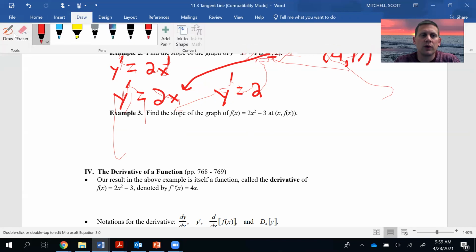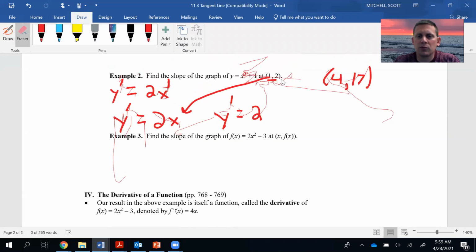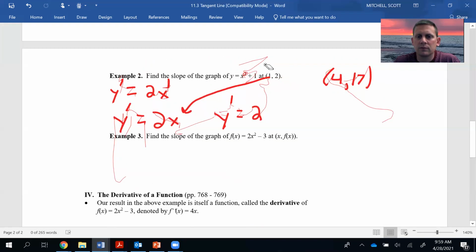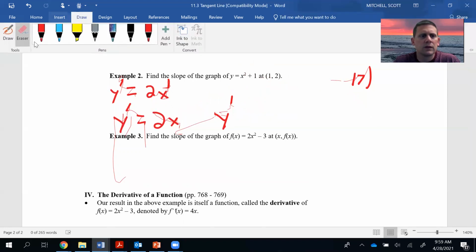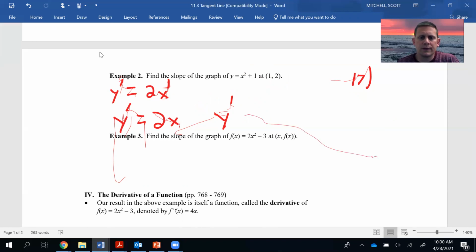Let me erase some of my scribble scrabble here that's getting in the way. So that was just the answer of 2. So now we're going to find 4, 17, the slope of the tangent line at that place.